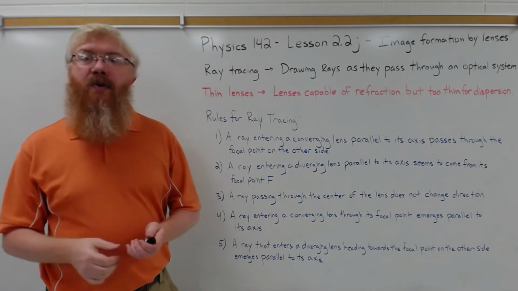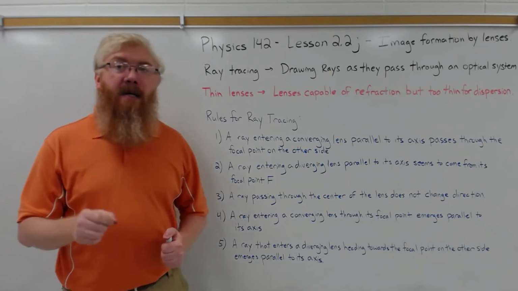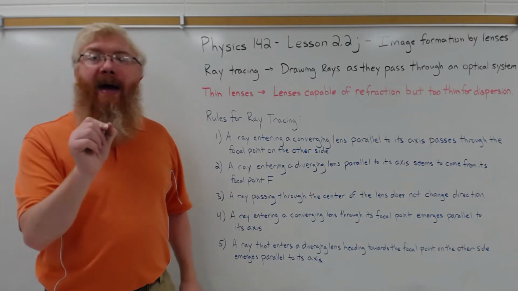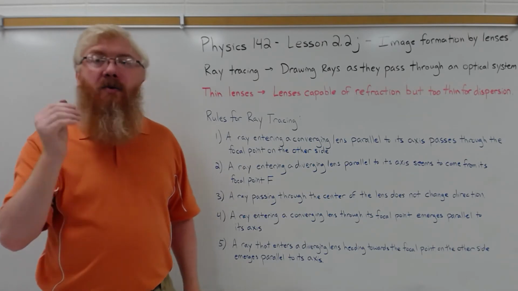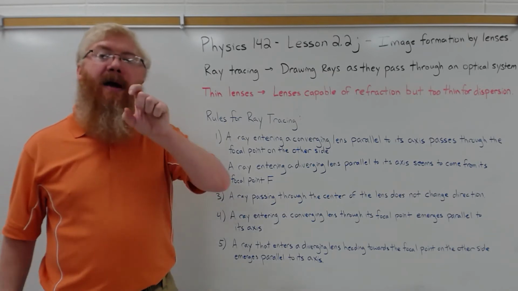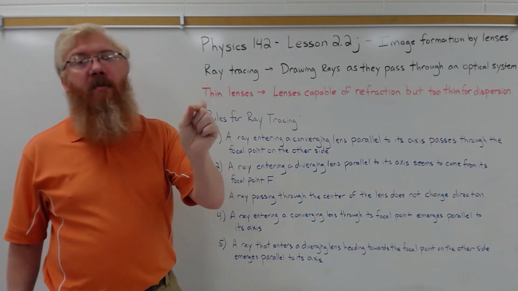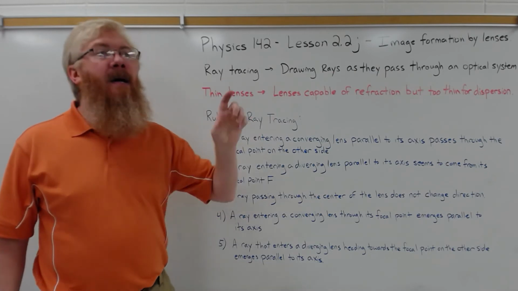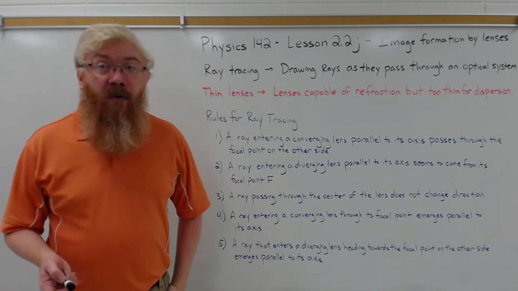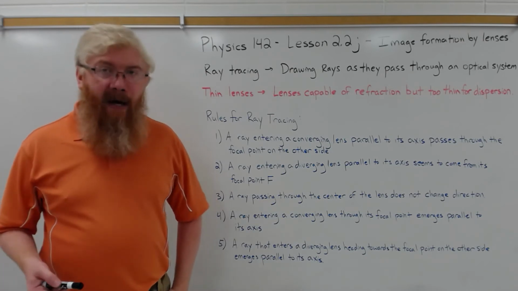Now, there are 2 ways of doing that. We can do the detailed geometric optics portion, look at the ray at each interface, and use Snell's law, or the law of refraction, to calculate the angles as the ray comes into a lens and as it emerges from the lens, measured from the normal at that point, and then see how the ray progresses through. That absolutely would work, but requires a lot of math.